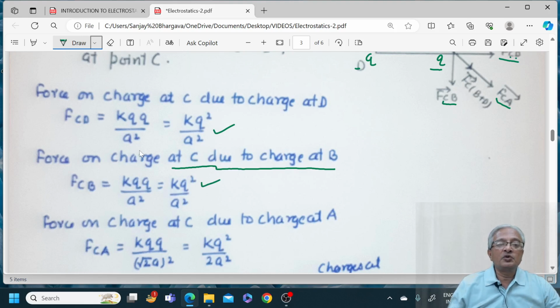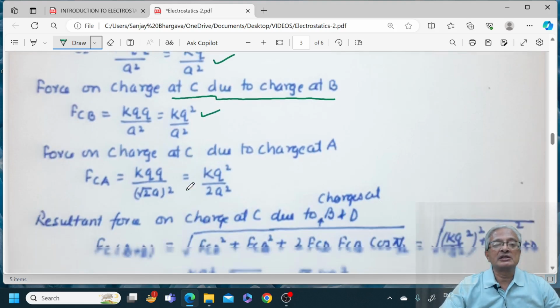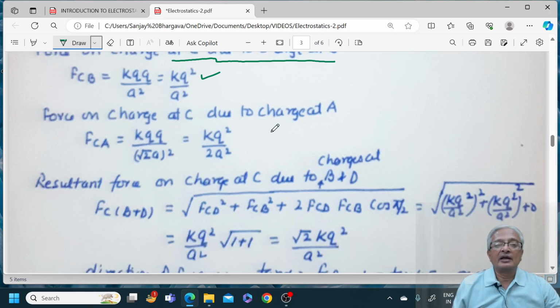Finally, we need to calculate the force on charge C due to the charge at A. Along the diagonal, the distance is root 2 a. So the force would be K Q Q upon root 2a whole square, and that gives me K Q square upon 2a square. Now I need to calculate the resultant force on the charge at C due to the charges placed at points B and D. So I can calculate FC, the force on charge C due to charges at B and D respectively.